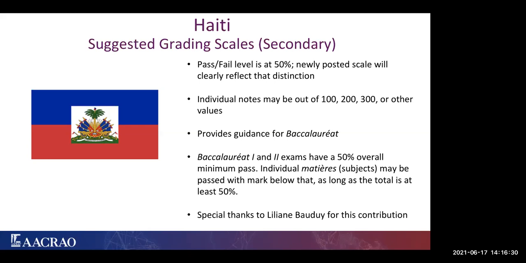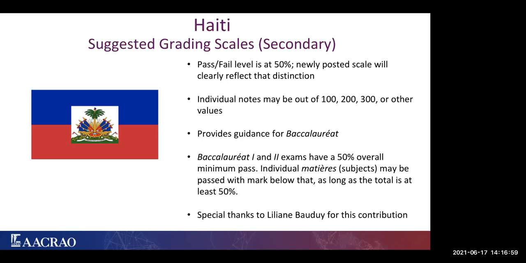In other words, it's very much the French model that we've talked about in times past when we've talked about France or Francophone countries in Africa. While the lowest passing grade may be, let's say, 50%, you can have a forgiven pass or a condoned failure if you score below that, as long as your overall average is 50%.